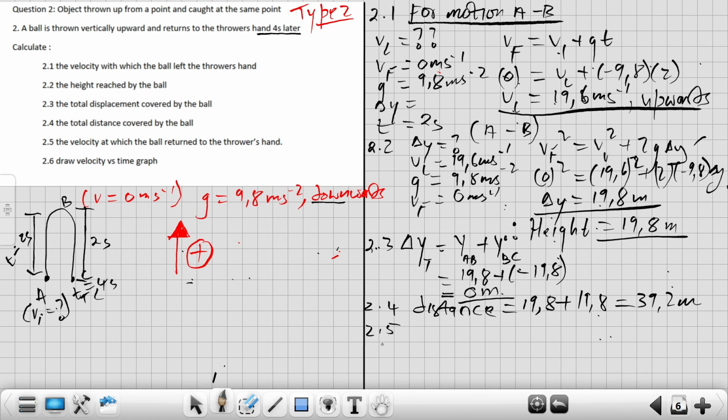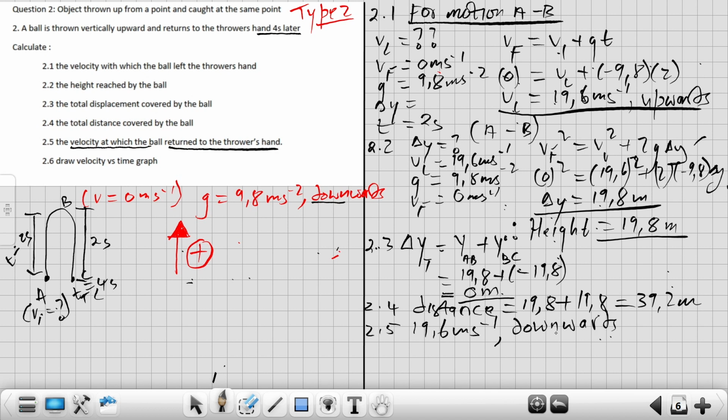So at 2.5, it's easy to say, calculate the velocity at which the ball returned to the thrower's hand. Symmetry again, no need for calculation. It should be 19.6 meters per second, and this is downwards.